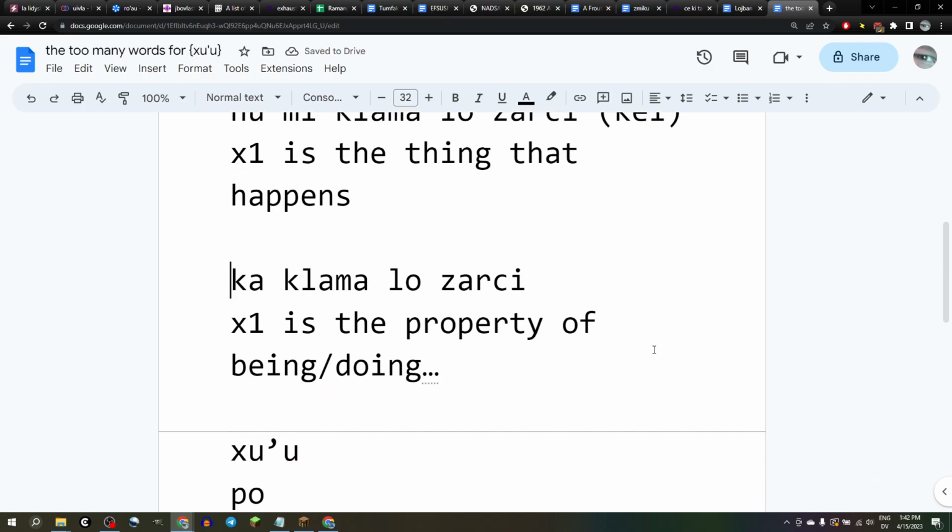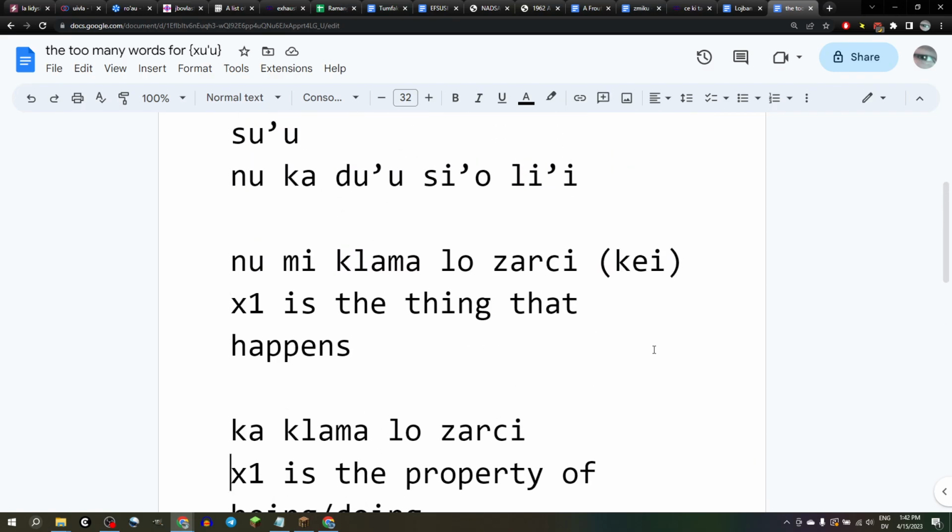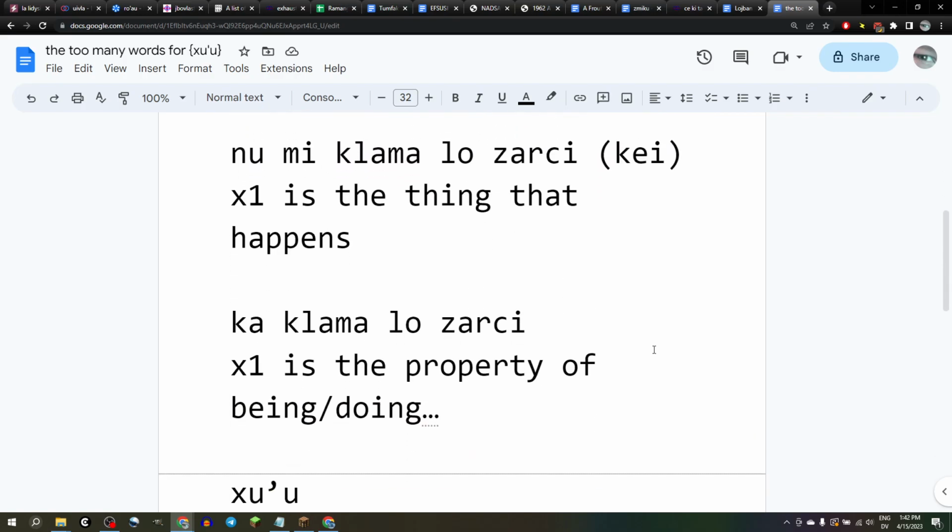And so inside this property, we want to have the thing that has the property, which we can tag with shehu, or controversially still she. Sometimes people say she. But the shehu is the thing. In this case, the goer to the market is the thing that has the property.